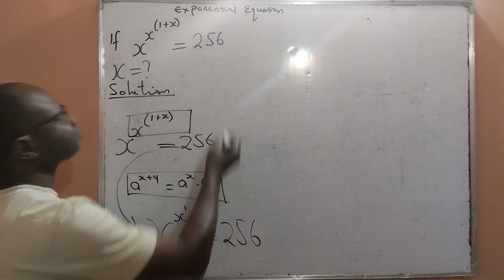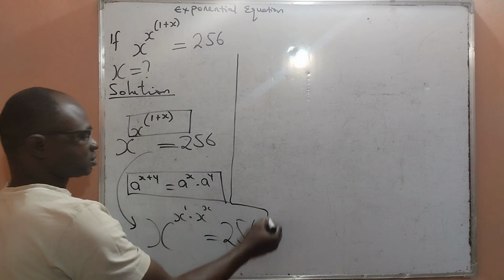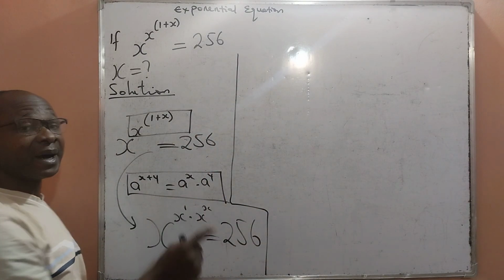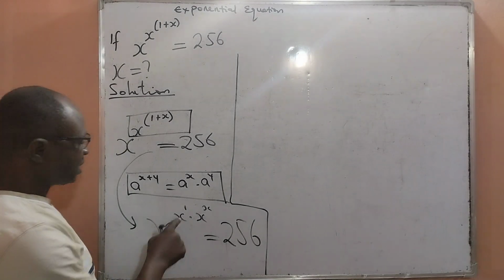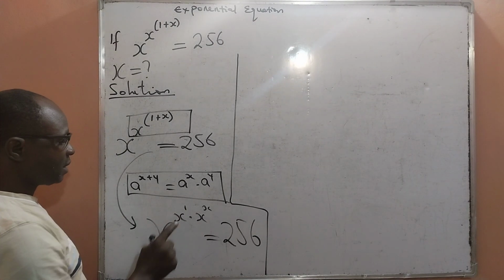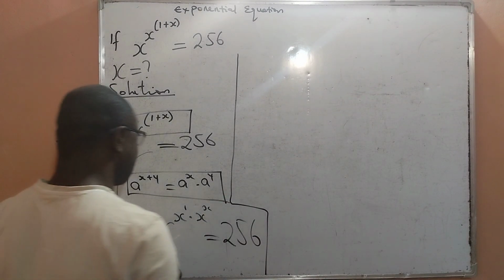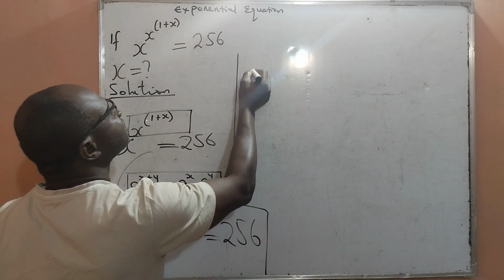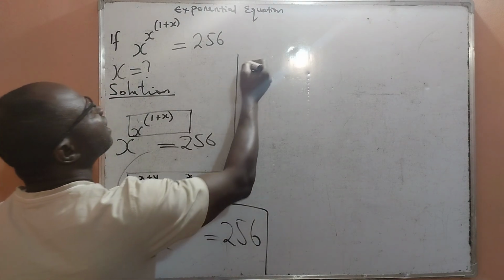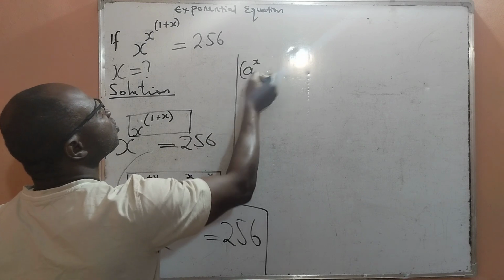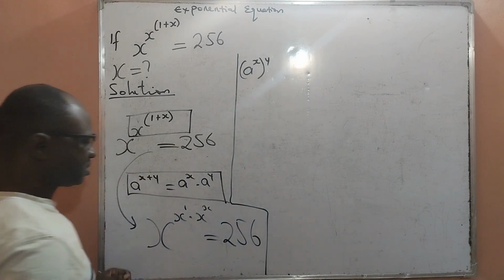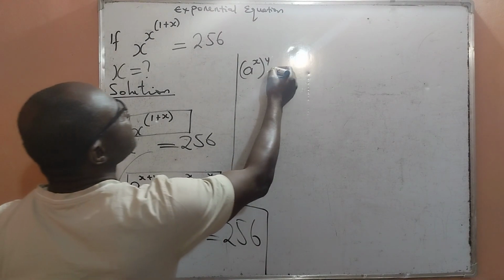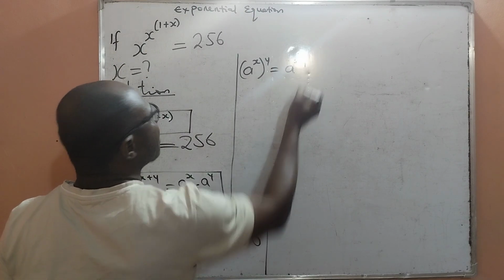Very good. Now, we all know that anything raised to the power 1 is that thing. x raised to the power 1 is x. Also, if I have a raised to the power x, also raised to the power y, it is the same thing as a raised to the power xy.